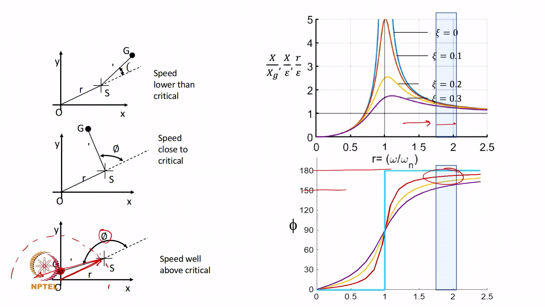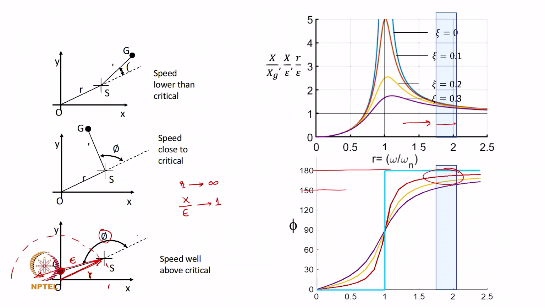And then for very large angles close to 180 degrees, it so happens that this G actually approaches a response R. You remember that for R approaching large values, what was x over epsilon? That approaches 1.